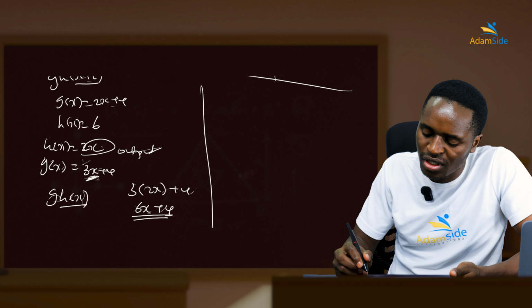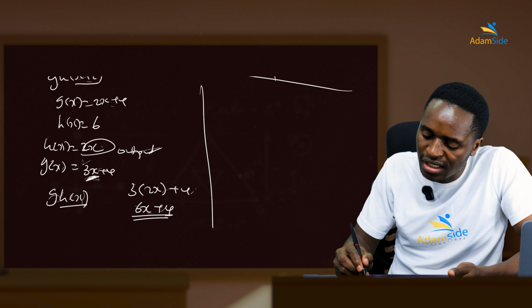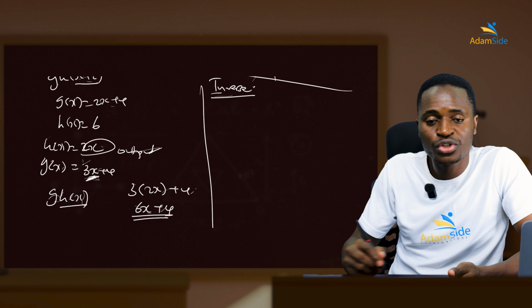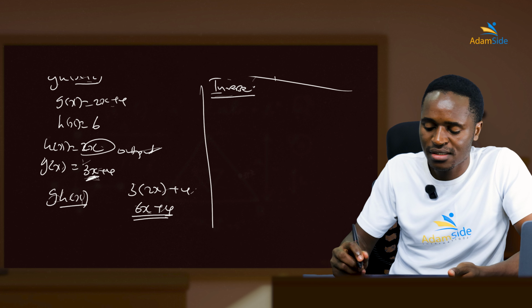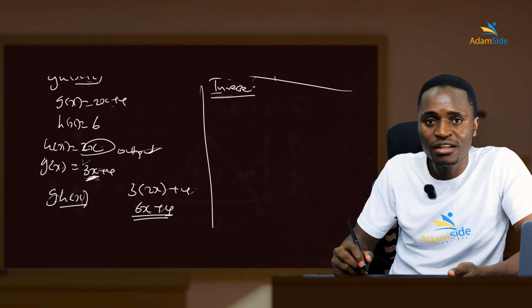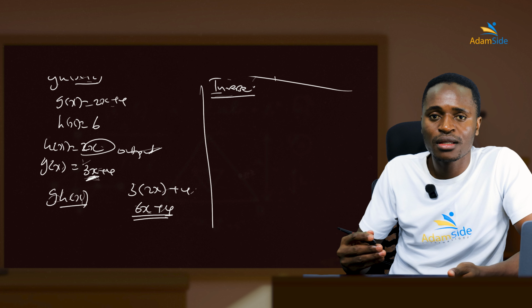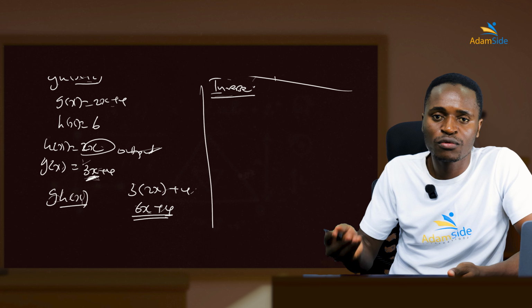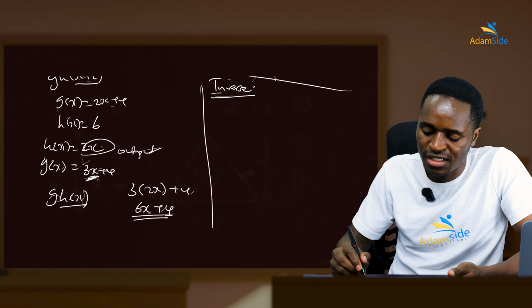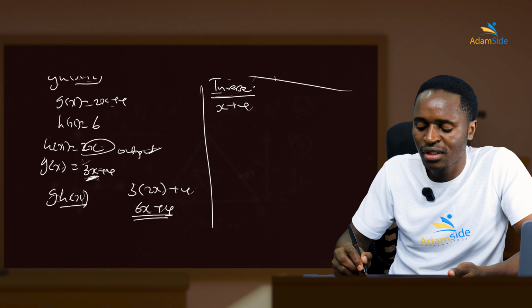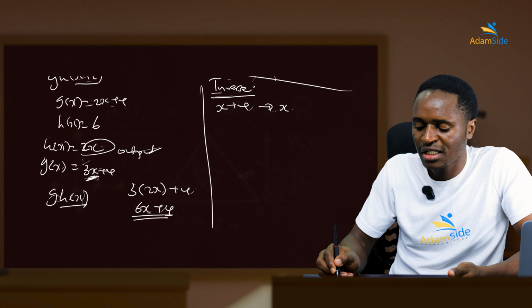And the last thing that I also want to take you through is the inverse. Inverse function, as I taught you in our last class, is a function that does totally the opposite of what your initial function was. For example, if you have a function that is x plus 4, the other function will be x minus 4.